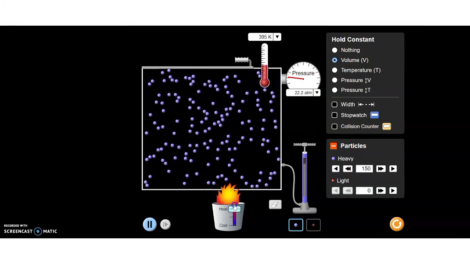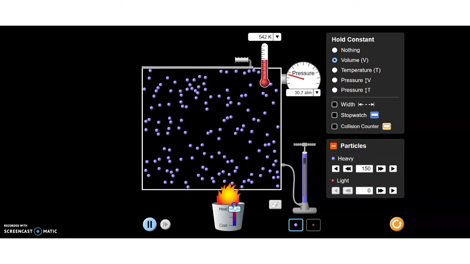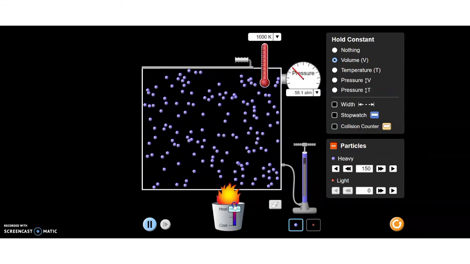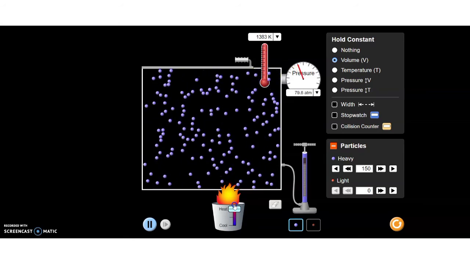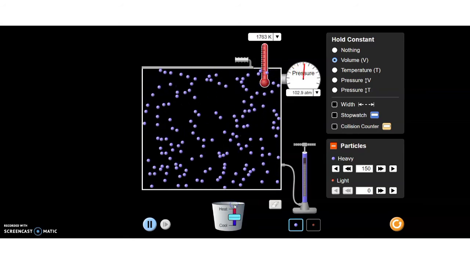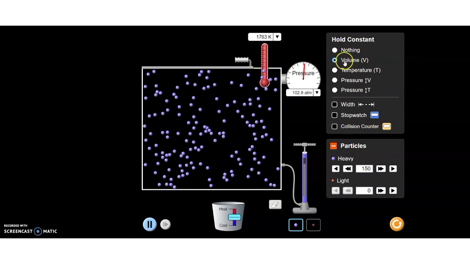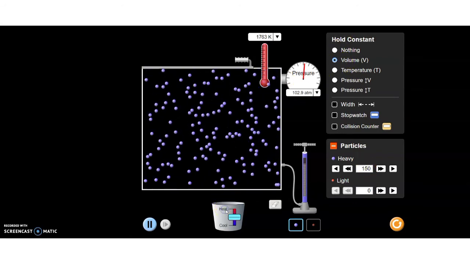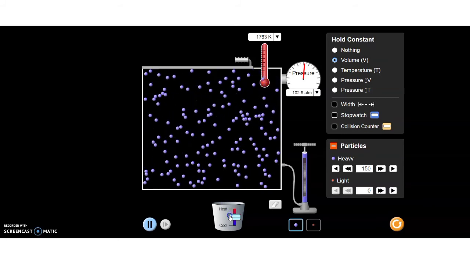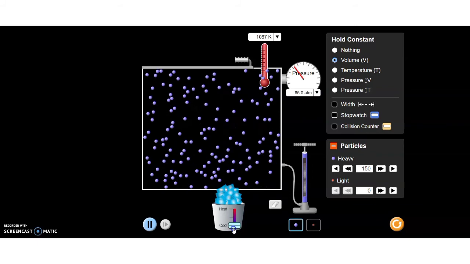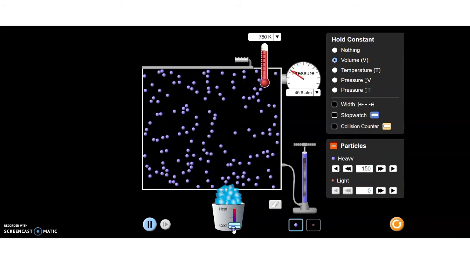You can see the temperature is increasing in the thermometer. So as temperature increases, pressure also increases. And if you check here, number of particles and volume are constant. We'll see if temperature decreases, what will happen? Yes, temperature is decreasing, and the pressure also decreases.